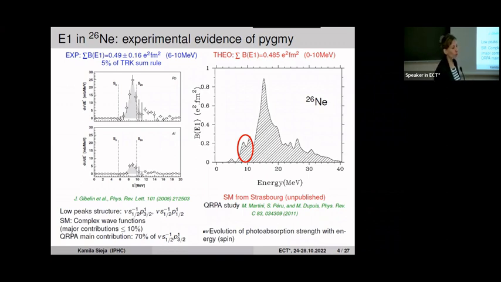To me, it looks like a perfect background to check different effects, to study the evolution of the photo absorption strength with energy or spin, to answer about the Brink-Axel hypothesis. In addition, we have this possible pygmy strength, and we can follow how it behaves when we move in mass, when we move with neutron number, and also with excitation energy.